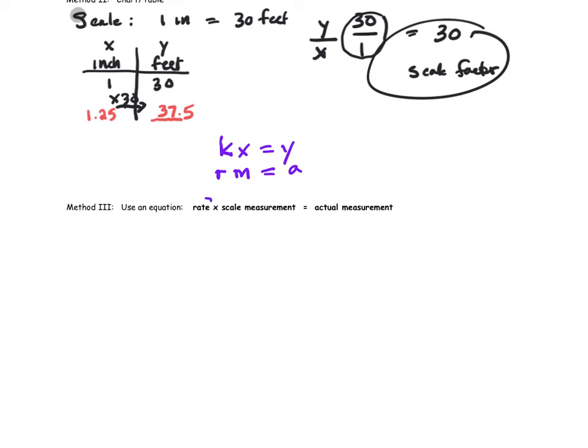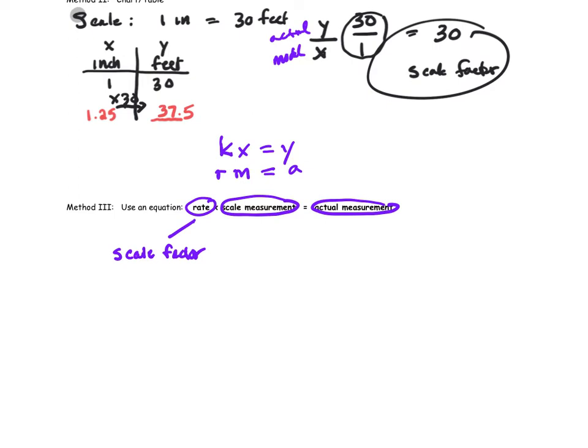It's the rate times the model, and that's going to equal the actual measurement. So let's write down what each of these mean. The rate is actually the scale factor. We just found it. And we're going to find that by taking the actual divided by the model, our scale measurement.